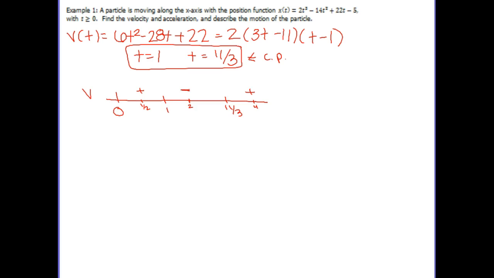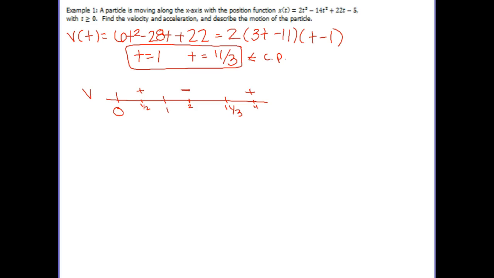Oh, I know what you're saying. This is when you know exactly when this is negative, and you know exactly when this is negative. So then below 11/3, or below 1, then it's negative, negative, positive. If you like to think like that, I feel like I would make some sort of mathematical error if I did that, but I know what you're saying.